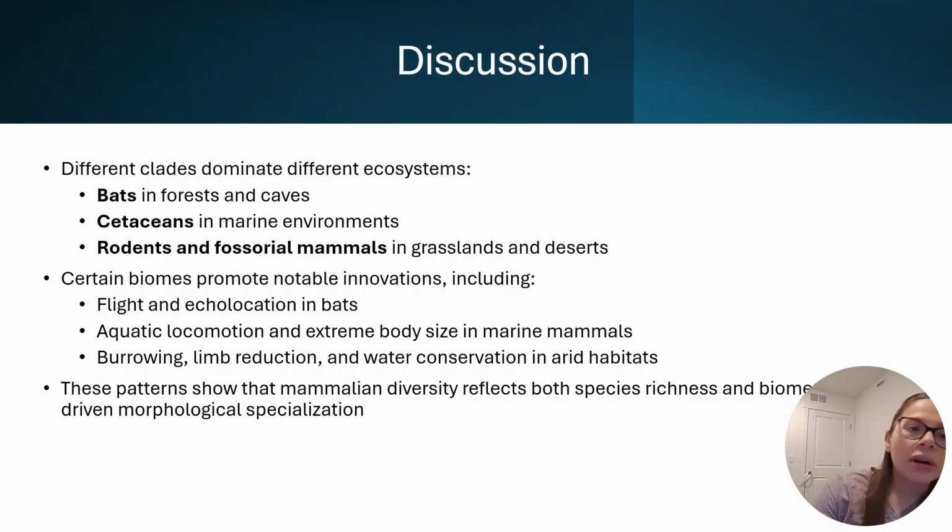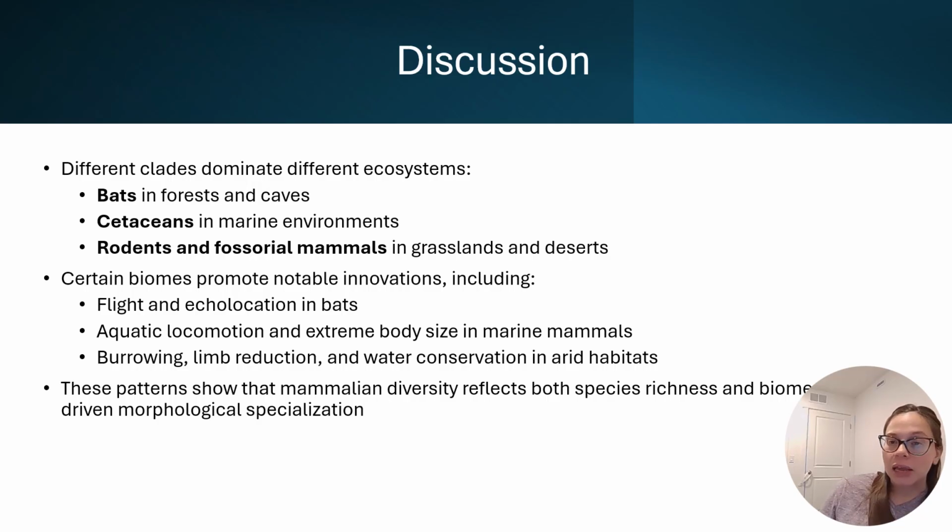To continue our discussion, here we talk about how different clades dominate different ecosystems, such as bats, cetaceans, and rodents. Certain biomes promote notable innovations, such as the ones that I listed here. And these patterns show that mammalian diversity reflects both species richness and biome-driven morphological specialization.